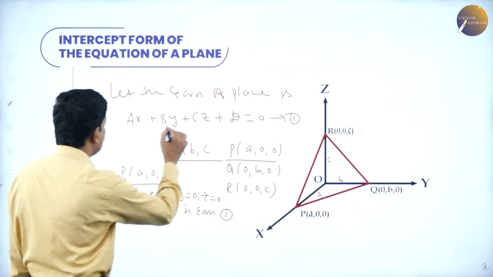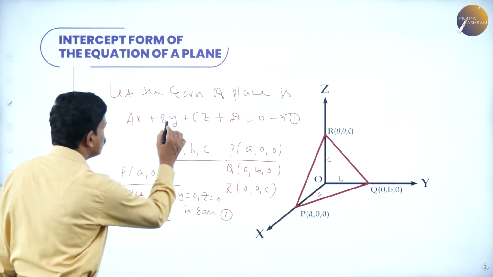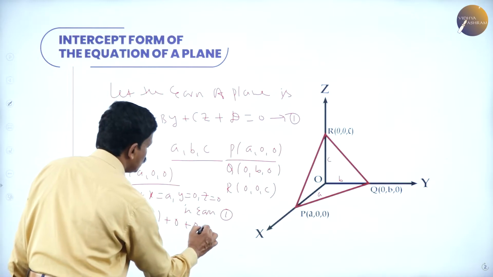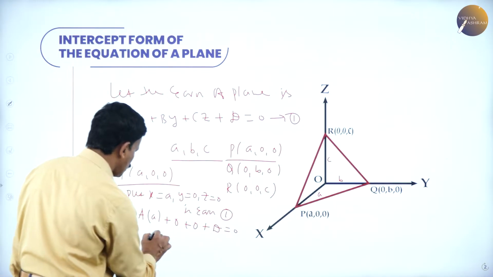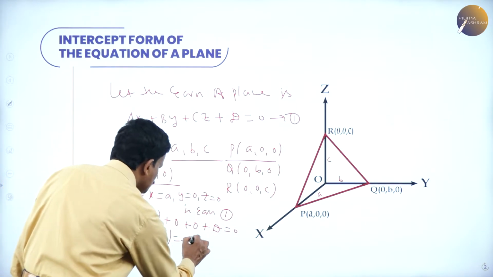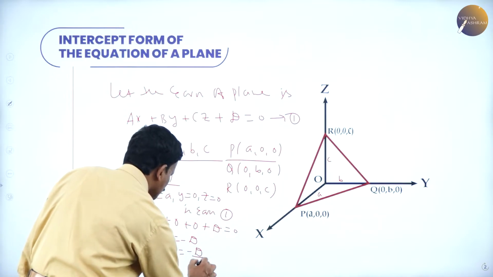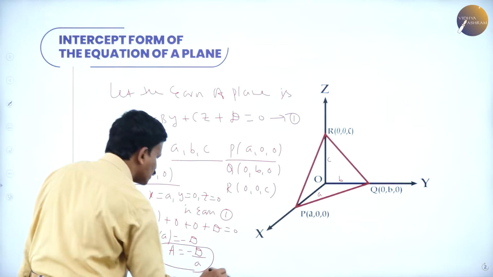If you substitute the values, you will get capital A into small a plus b into 0 is 0 plus d is equal to 0, or this can be written as capital A into small a is equal to minus d, or therefore capital A is equal to minus d divided by a. This is the value of capital A.